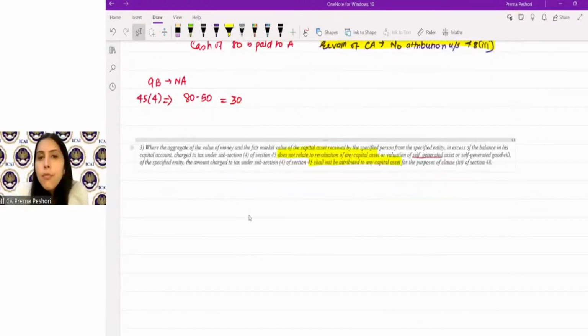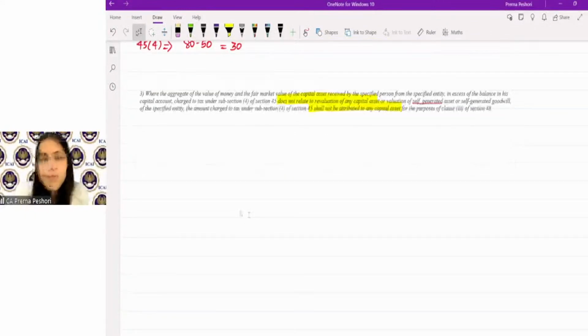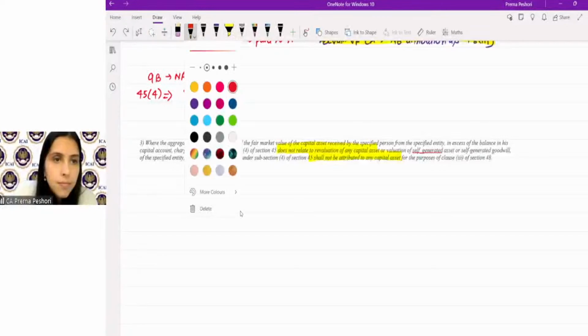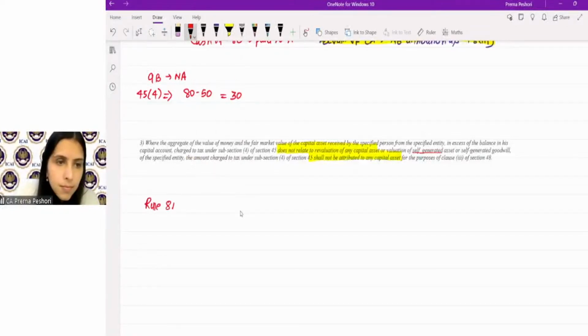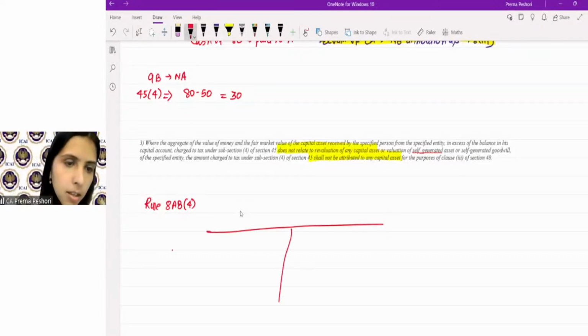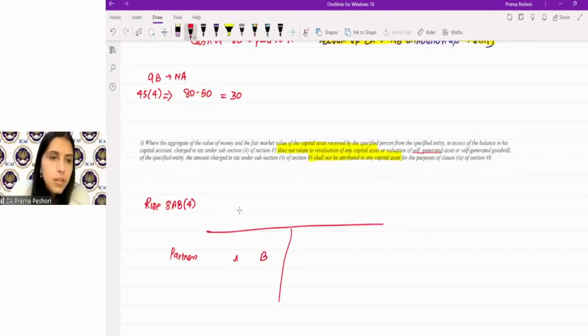Rule 8AB4. Again, I'll explain with the example. What does it say? Let's say, again, I have partners A and B. My capital is 50-50. I have assets X and Y. This is a capital asset. This is others.